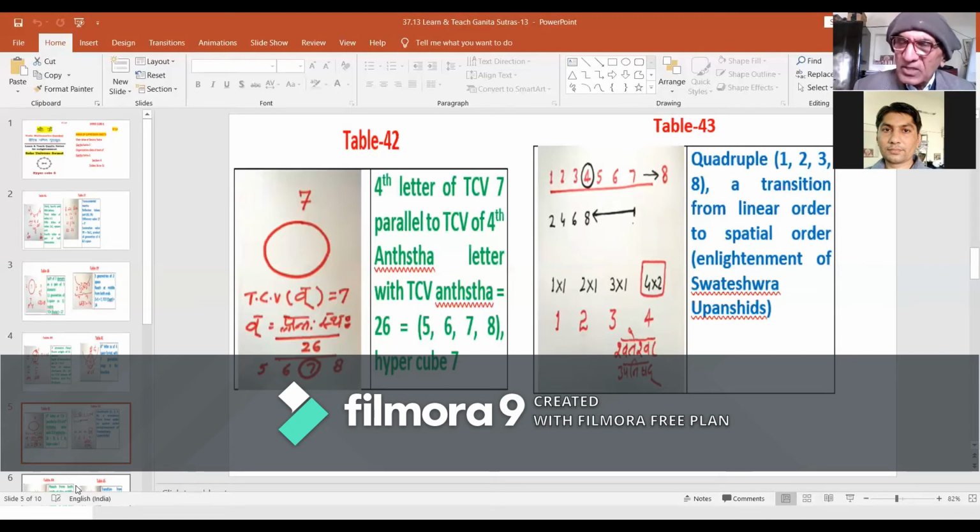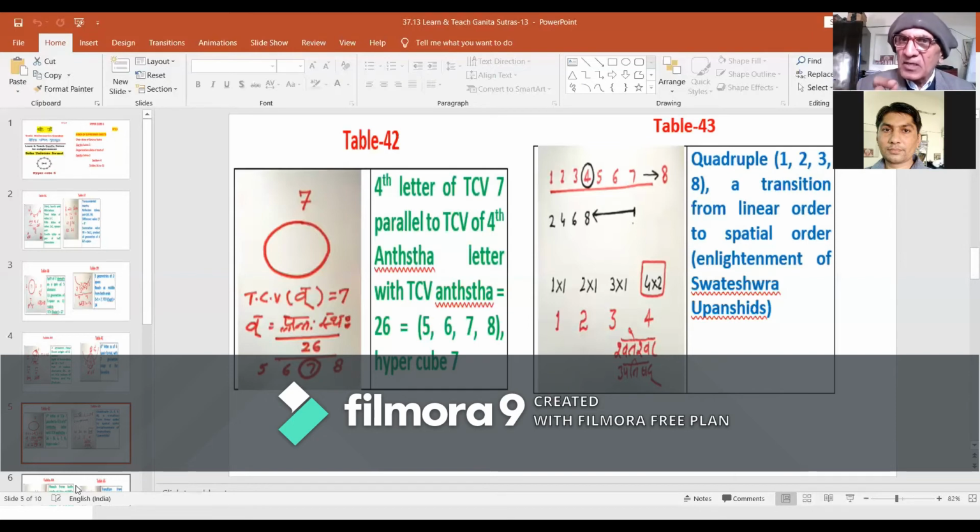However, the moment we will transit from value 7 to value 8, then there will happen a transcendental phenomenon that there will be a shift from boundary, solid boundary, to creative domain, to a spatial order domain. So there will be a shift from 1 as a unit to 2 as a unit.